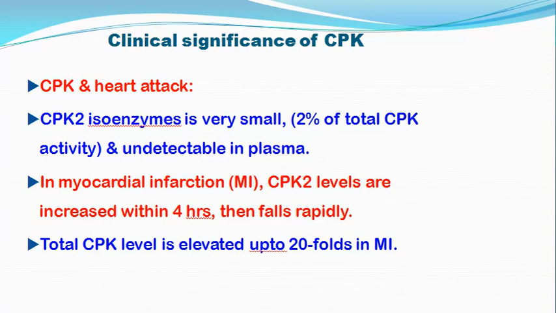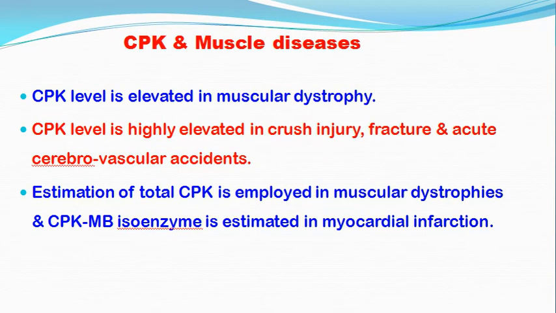Now this is the clinical significance of CPK. CPK2 isoenzymes are very small and undetectable in plasma. In case of myocardial infarction, CPK2 levels are increased within 4 hours, then fall rapidly, and total CPK level is elevated up to 20 folds in myocardial infarction.